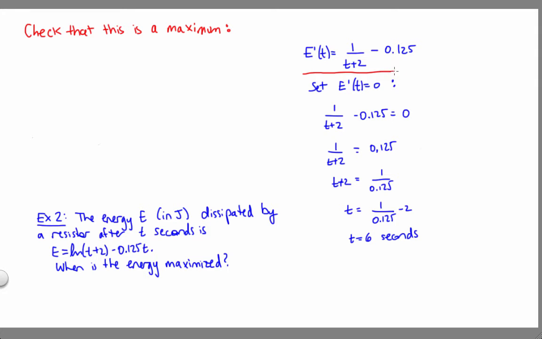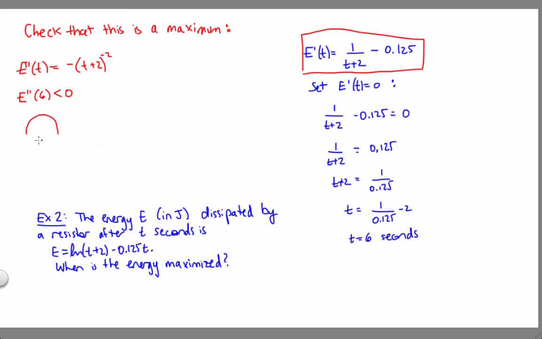We'll go back to E prime of t, and if we take the derivative of this, we'll have E double prime of t is equal to minus t plus 2 to the power negative 2 times the derivative of the inside function, which is 1. And then we need to plug in our time value 6 and check the sign. So we're really just interested in whether this is a positive or negative quantity. It comes out negative. And what that tells us is that our function E is concave down at that point.